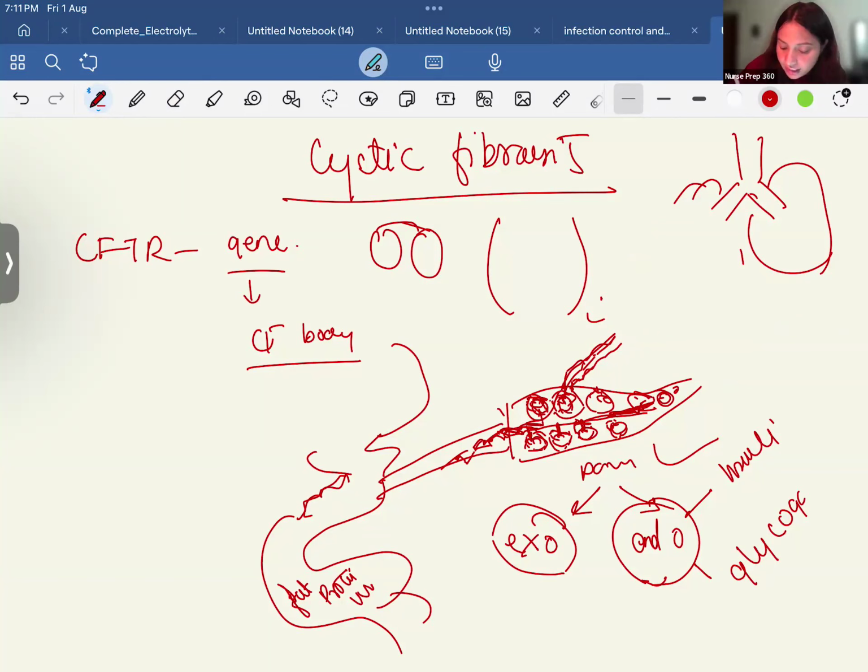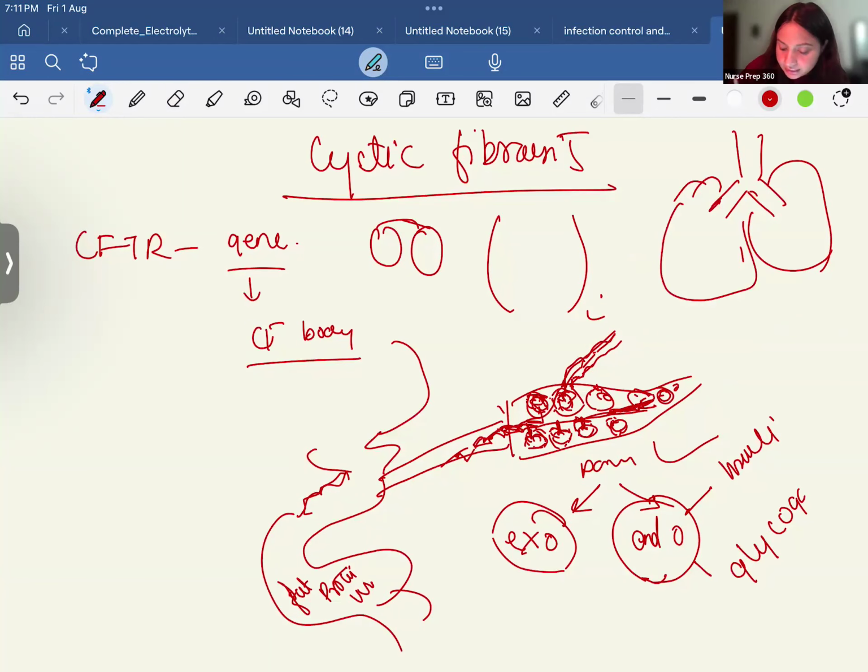If your airway is getting compromised, just imagine there are so many secretions in your airway. Will you be able to cough out the secretions? No. Secretions will build up in your airway and produce very thick secretions.